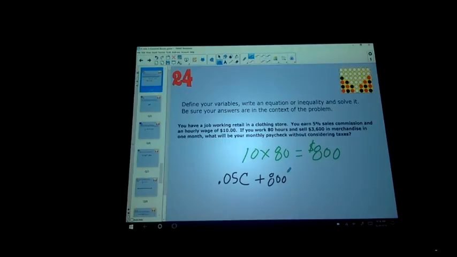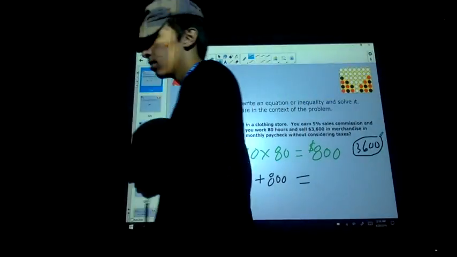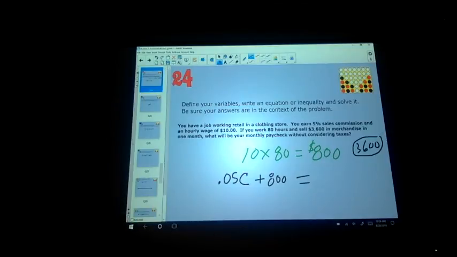If you happen to sell $3,600 in merchandise in 1 month, your commission isn't 3,600. Where's that 3,600 going to get plugged in? How do I find that commission? Yeah, it's the C value. So I'm going to take this right here, plug it in right here. So I'm going to get 0.05 C, or 0.05 times 3,600, and I'm going to add it to the other 800, my hourly wage.